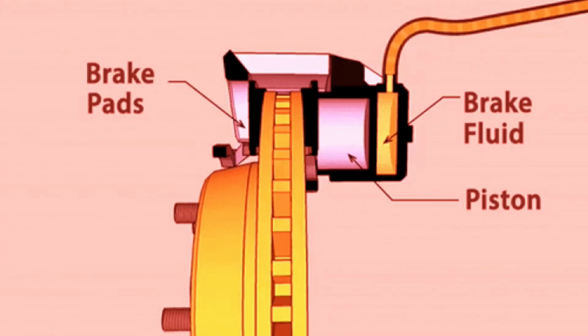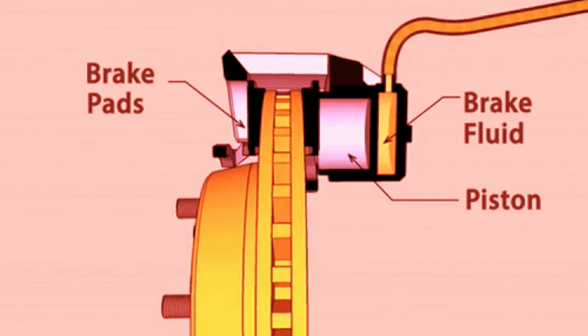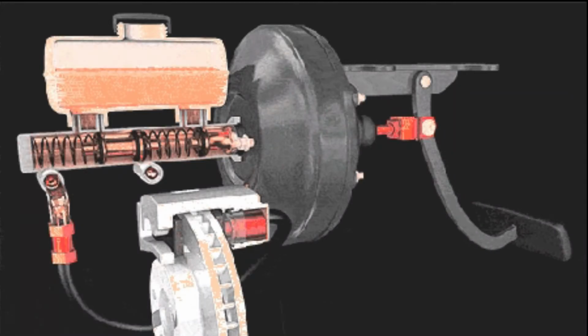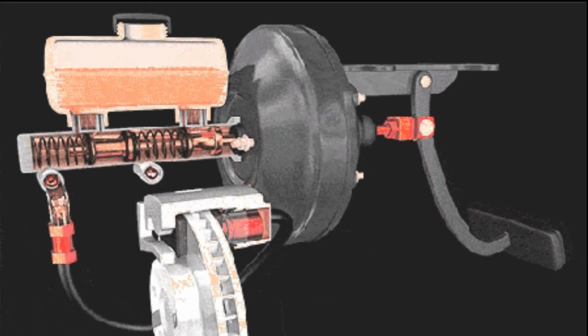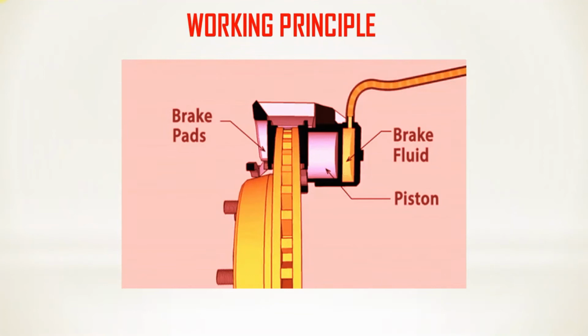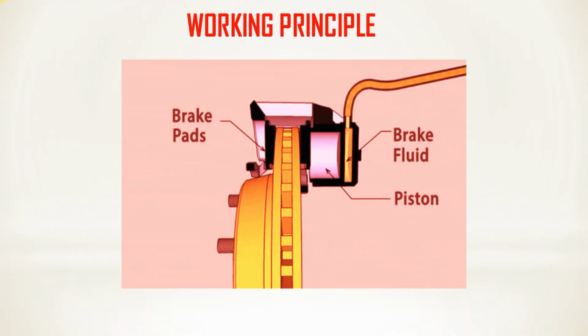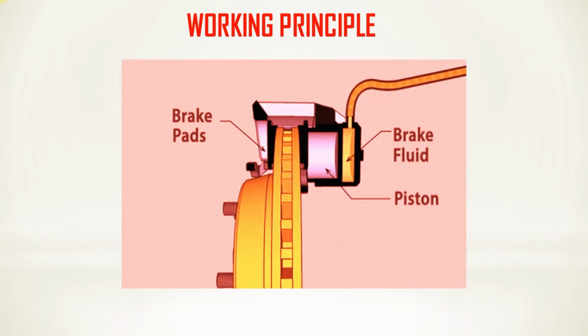How does it work? When the brake pedal is pressed, the high pressure fluid from the master cylinder pushes the piston outward. The movement of the piston is utilized to apply the brake. The pressure reaches the brakes on the wheels via tubing filled with brake oil, or we can say brake fluid.